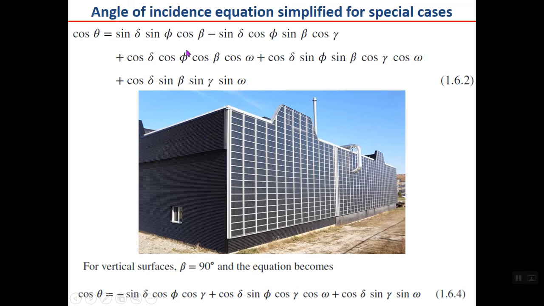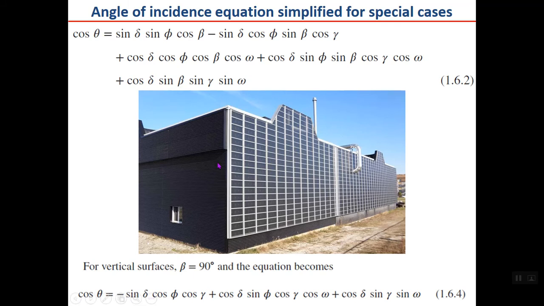You can see that there are a lot of beta in this equation, so it will be simplified. Just as an example, you can see here the case where beta is 90. You may be surprised that beta is taken as 90.